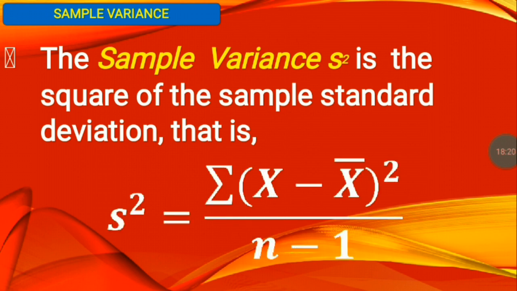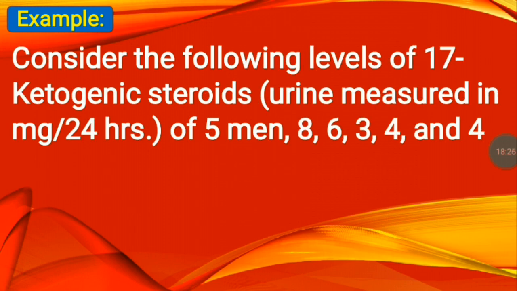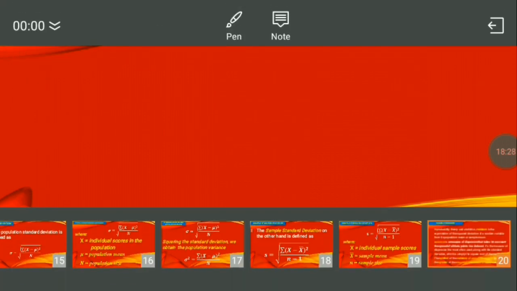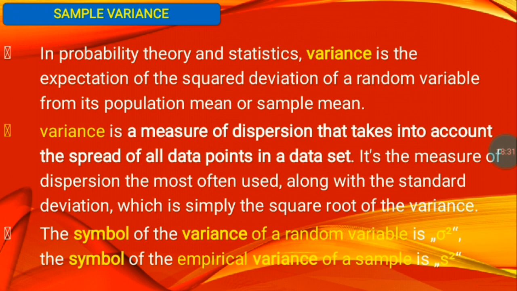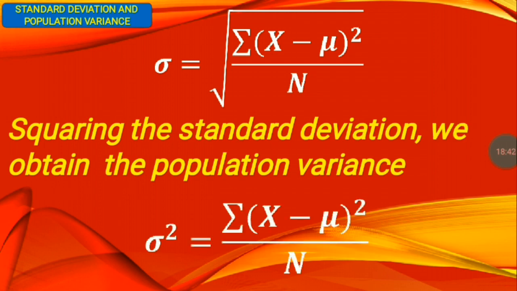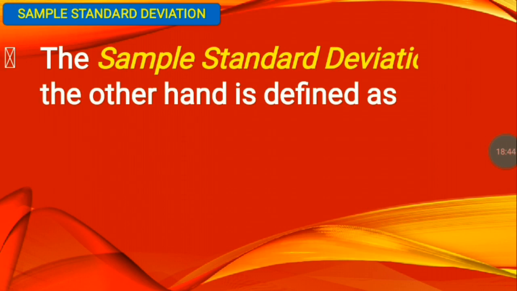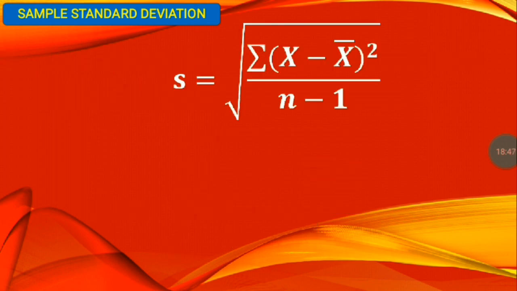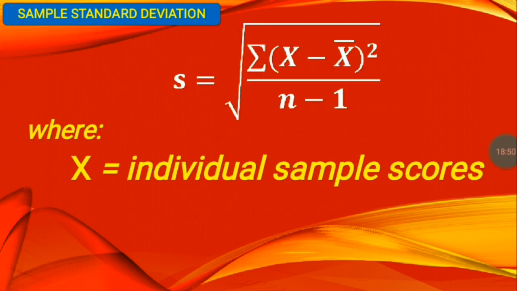That is, S squared is equal to the summation of, okay, for a moment. The sample standard deviation, on the other hand, is defined as this one. Okay, you have here x is the individual sample scores, and the sample mean. This is still the standard deviation. We're done with this part.